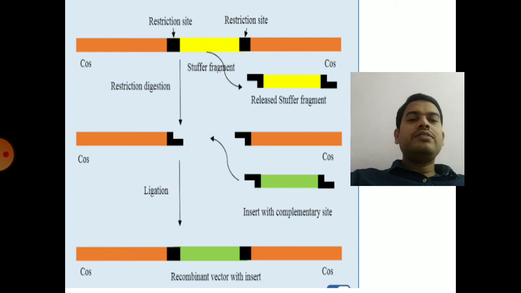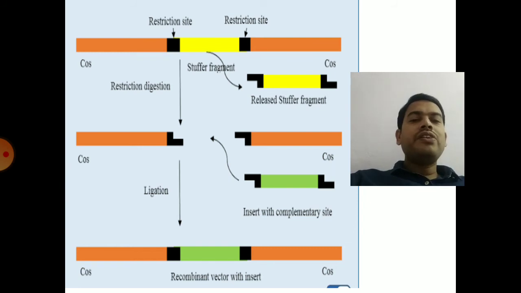So lambda phage, after infection of the bacteria, will recircularize this plasmid with the help of these cos sites. And after recircularization, multiple copies of your plasmid can be obtained. If you insert this foreign DNA into this yellow colored site, which is called a stuffer fragment, where unwanted DNA is present, there are two restriction enzyme sites where you can cleave with the help of restriction enzymes, and you can insert your foreign DNA.